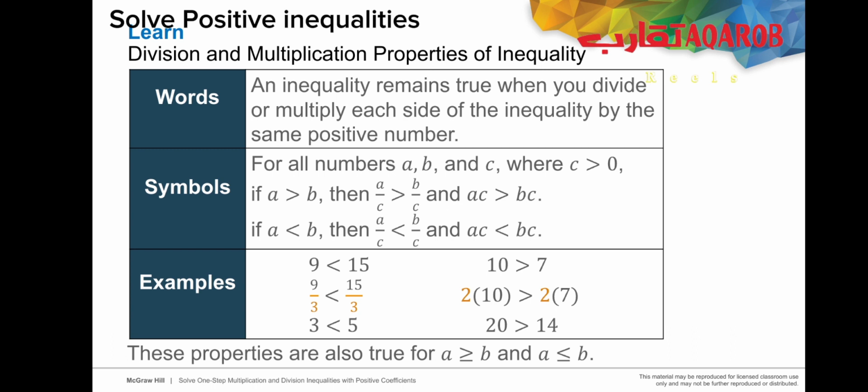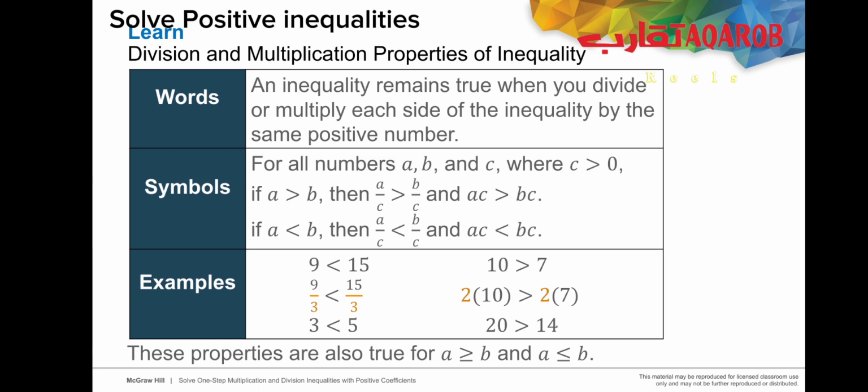Now, as we said, an inequality remains true when you divide or multiply each side of the inequality by the same positive number. If you remember, we said the same when we were solving addition and subtraction inequalities. Whatever you do to the right side of the inequality sign, you have to do the same to the left side to keep the inequality true.